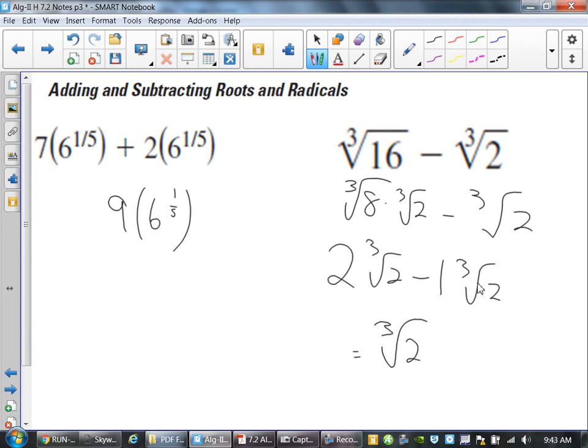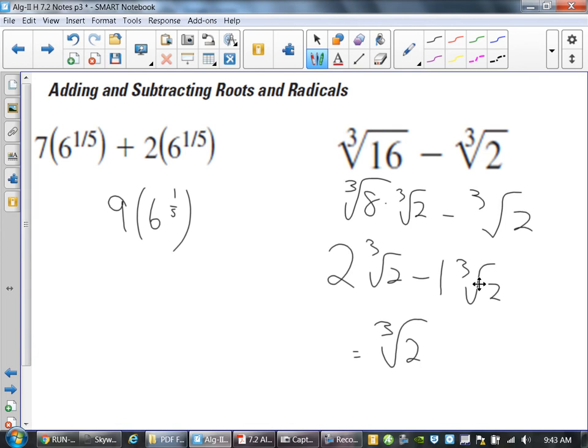As we start to get into this more and more, you're going to have to start looking for the perfect squares, perfect cubes, perfect fourth roots that might be hiding within the radicals. Is 4 a perfect cube? That's why. It's the same idea as when you're simplifying a radical. When you're simplifying radicals, you're looking for perfect squares: 4, 9, 16, 25.